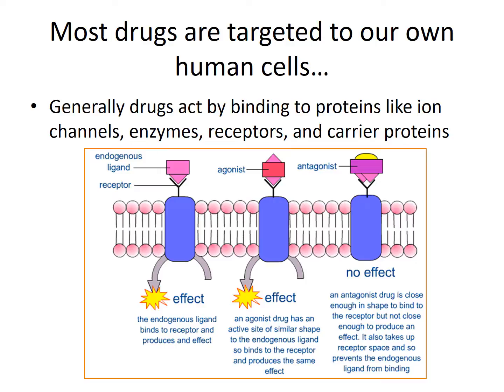An agonist drug can bind to the active sites of the receptor of a given neurotransmitter and produce the same effect as the natural neurotransmitter would.